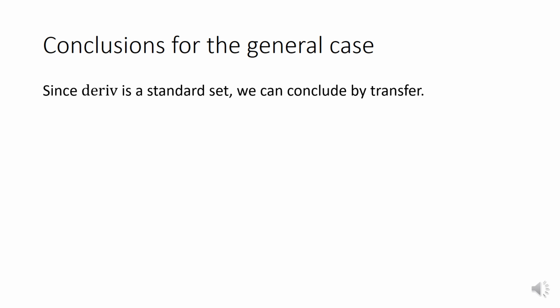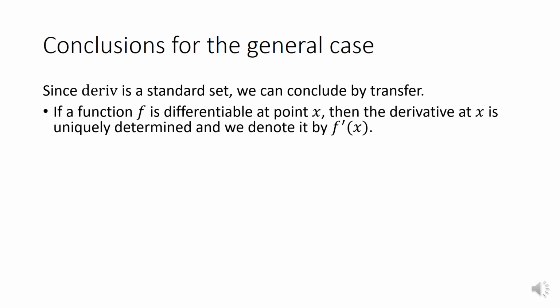Since deriv is a standard set, we can conclude by transfer: if a function f is differentiable at point x, then the derivative at x is uniquely determined, and we denote it by f prime of x as in the standard case.